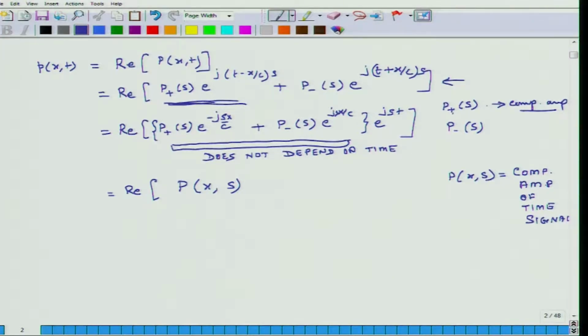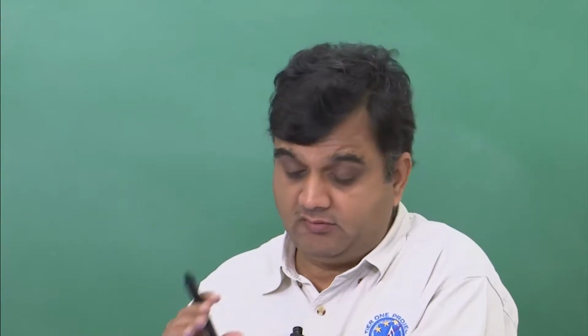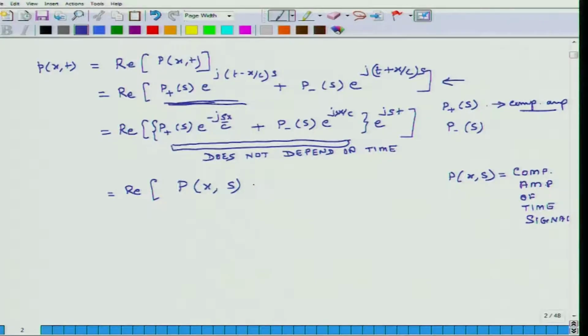So p plus of s was the complex amplitude of the forward traveling wave, but p of x and s is the complex amplitude of the time signal, and the value can change from one point to another. So this is the complex amplitude of the time signal, and then e to the power of s t.